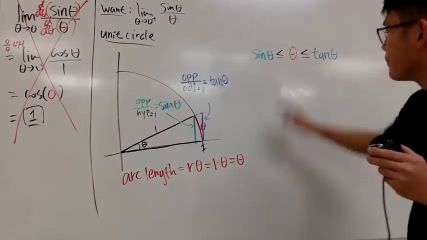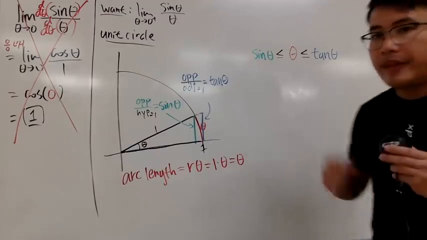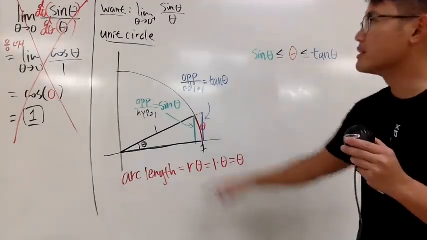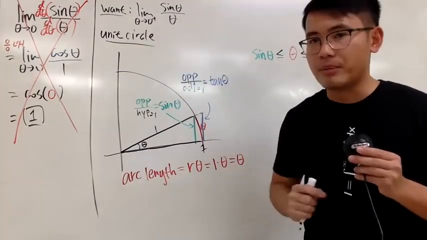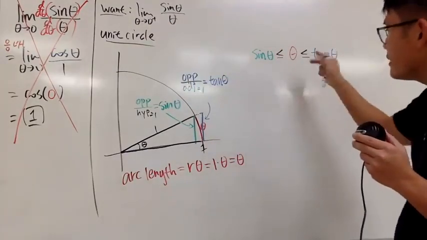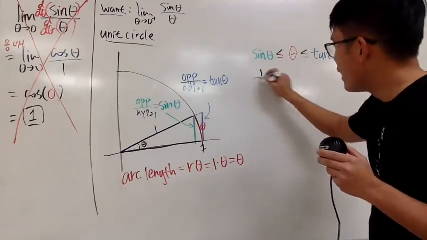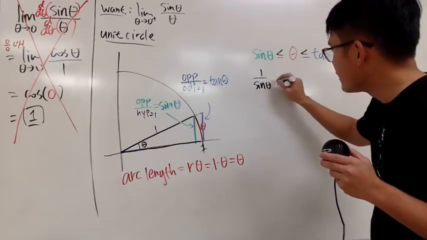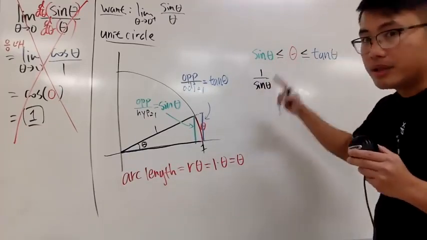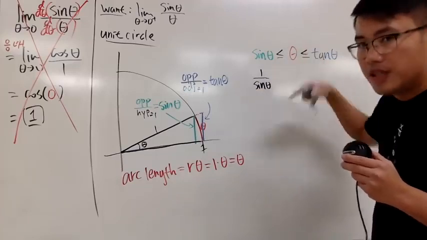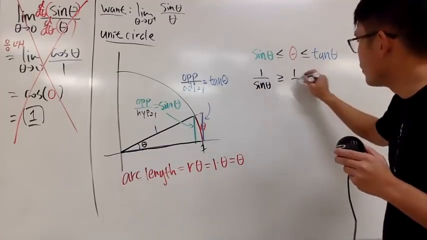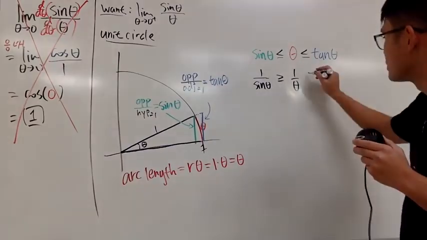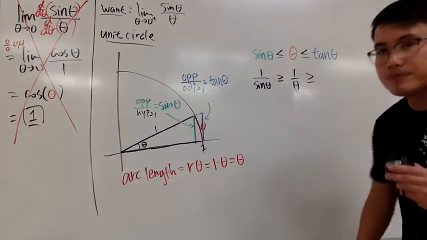And notice, everything right here, they are all positive because theta is just a positive small number, right? So when I take the reciprocal, I get 1 over sine theta. And because everything is positive, you can just flip the inequality and you get this right here, and then this right here is 1 over theta, and then you can just flip that as well.